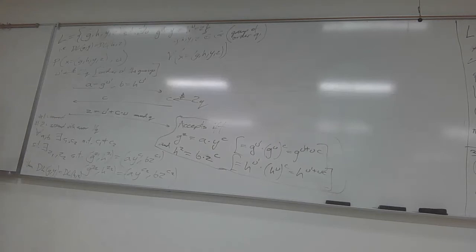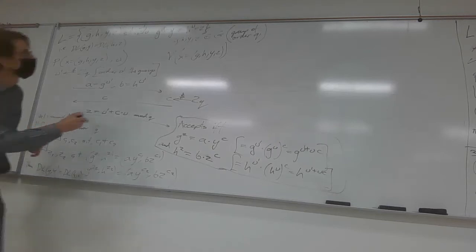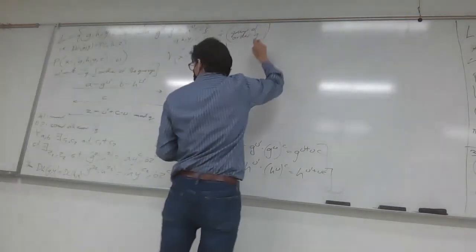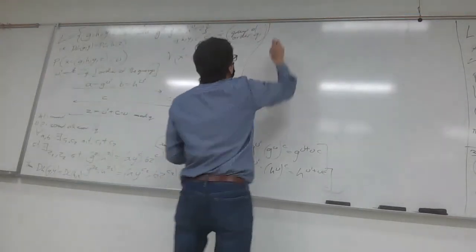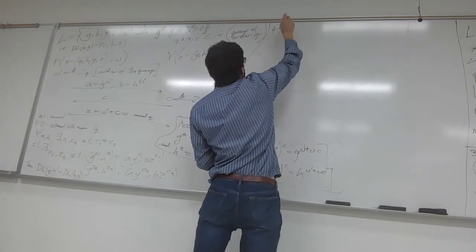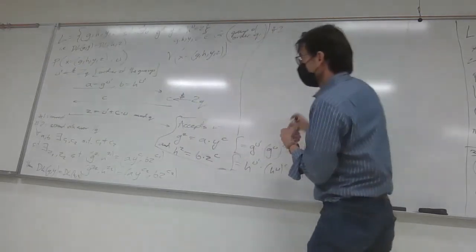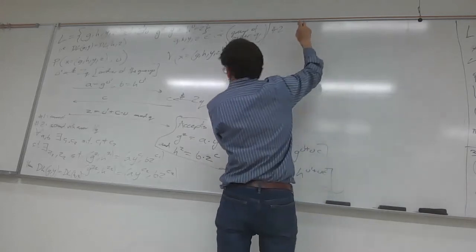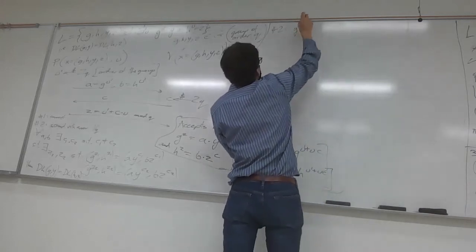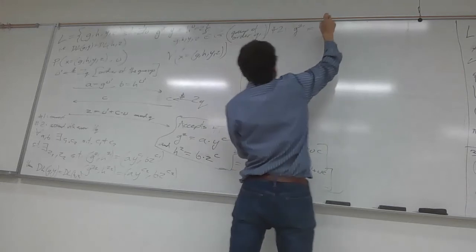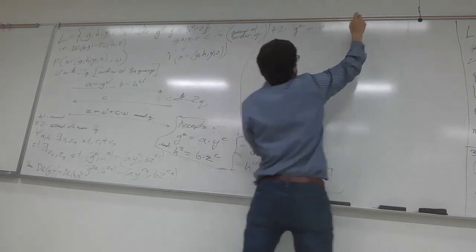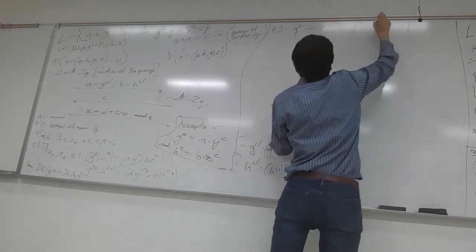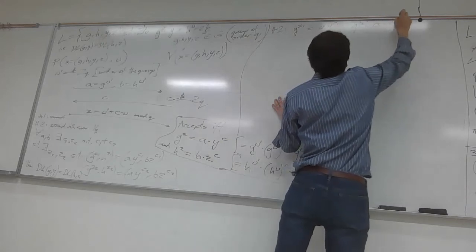So why is that? Let's see. I want to sketch why this is true. So look, from all these equations, G to the Z1 is A, Y to the C1, and G to the Z2 is A, Y to the C2.